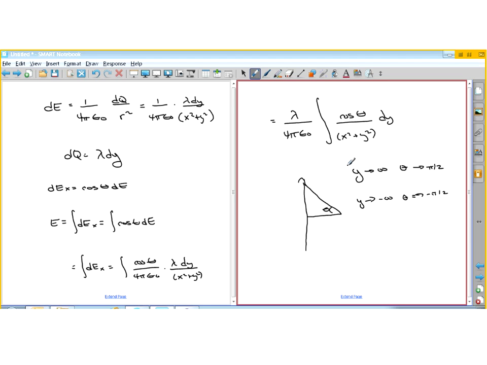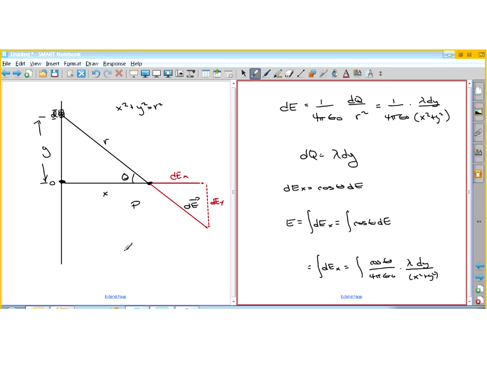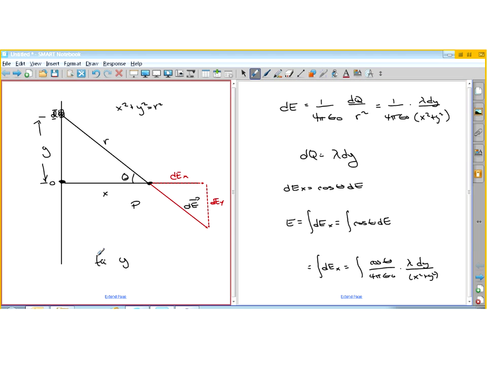Now, I think you could still do it if you did it with respect to y, but I think that's why they do that in the book. So if we look at the geometry of the situation here, we can see that in terms of x and y, the tangent of theta is the opposite over the adjacent. So y is equal to x times the tangent of theta.